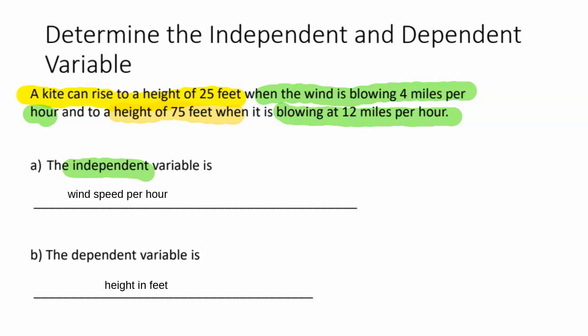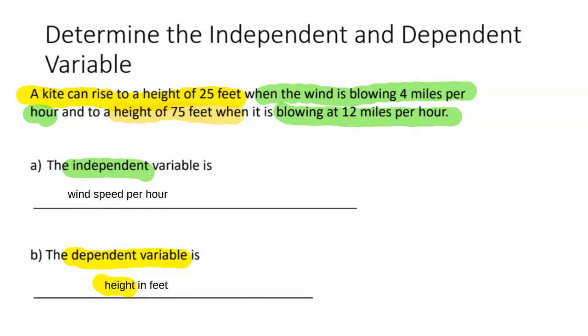Well, when I have a kite, where I take it when the wind is blowing, the reaction is how high it goes. The more wind, the higher the kite. Hopefully that makes sense to you. If not, you're going to kind of have to think about this a little bit because the dependent variable was the height. The more wind, the higher the kite. Maybe that's easier to think about.